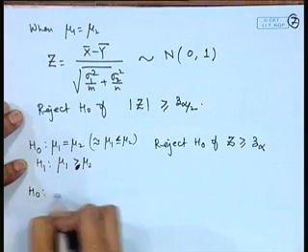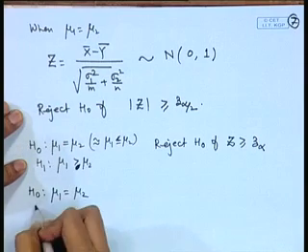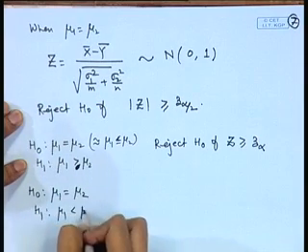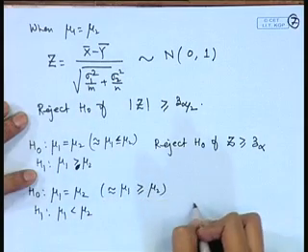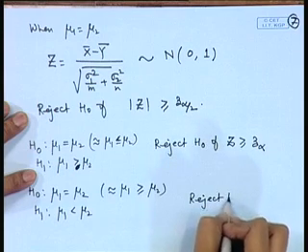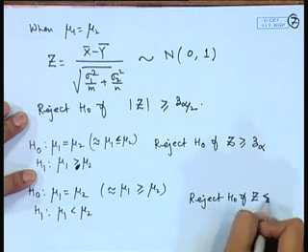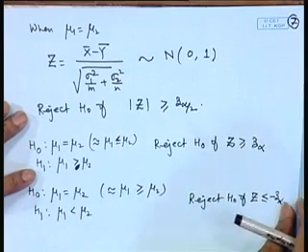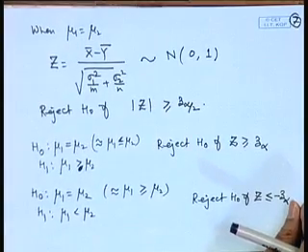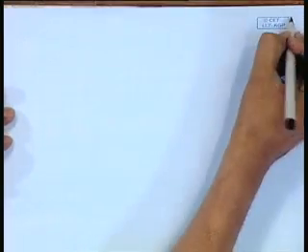Likewise, for the one sided hypothesis where mu 1 is less than mu 2, against mu 1 greater than or equal to mu 2, here you will reject H naught if z is less than or equal to minus z alpha. We will consider examples of this a little later. Firstly, let us consider the other cases also.